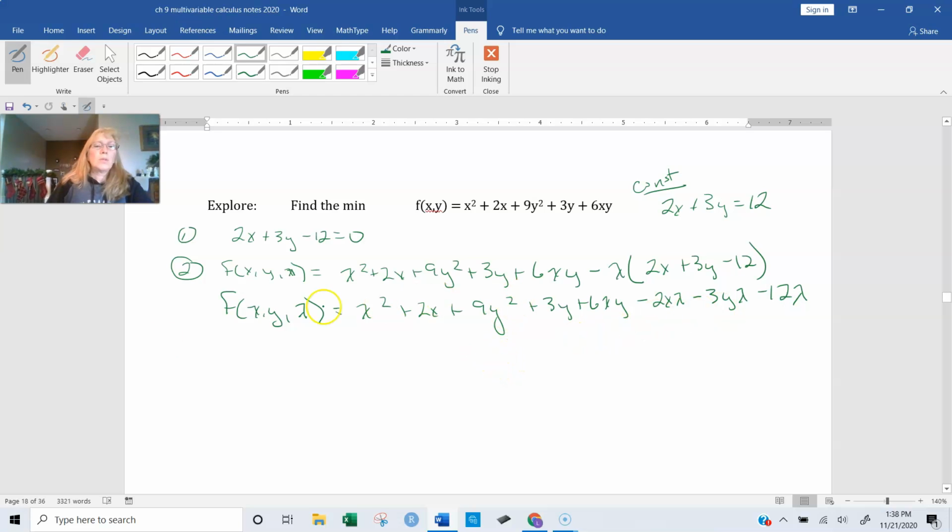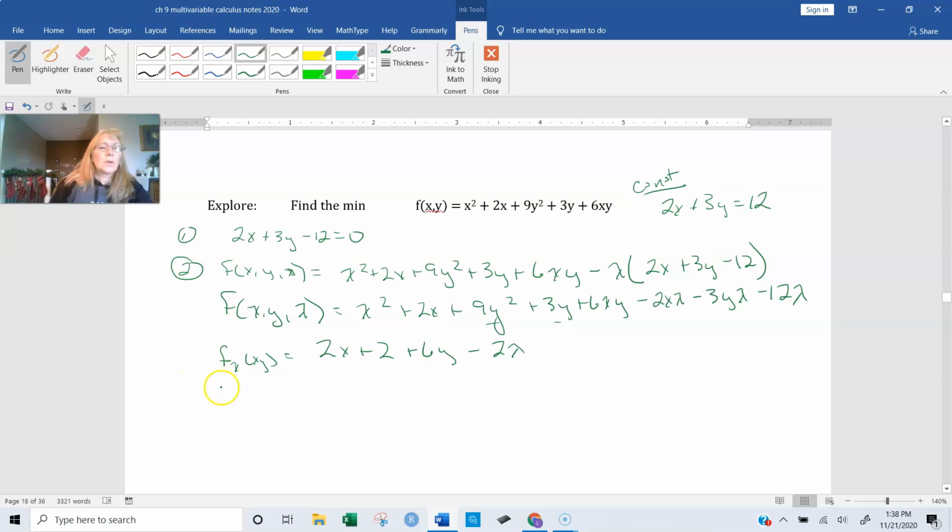All right, now we have to do all of our derivatives. We have to do our derivative with respect to x, and we're going to get 2x plus 2, nothing, nothing, plus 6y minus 2 lambda.